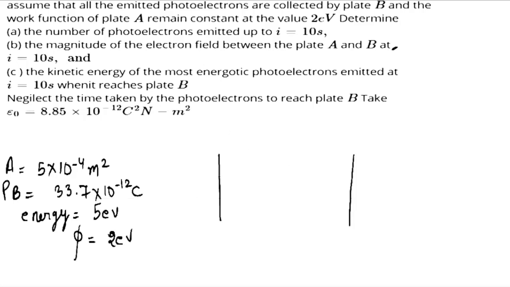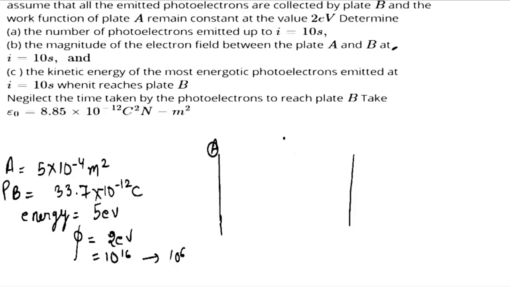The number of photons falling on it per square meter per second is 10 raised to the power 16, out of which only 1 from 10 raised to the power 6 will emit a photoelectron. So let us draw all these points.